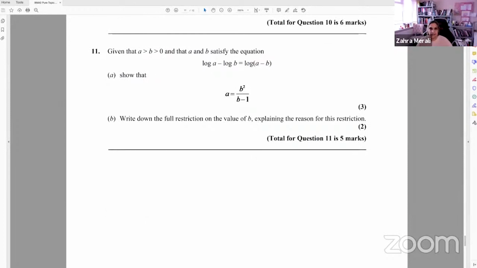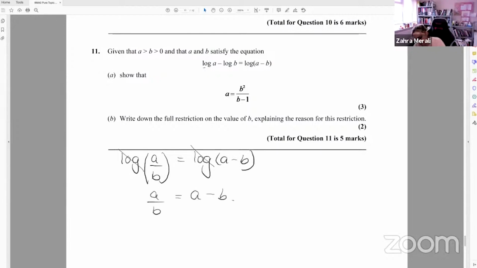Right, given that satisfies, show that. So essentially they're getting rid of the logs, so we're going to use our log rules. Minus means divide, so this is going to be log A divided by B. Cancels the log on both sides. Then we're trying to make A the subject of the formula. So multiply up by B, and we'll get AB minus B squared.